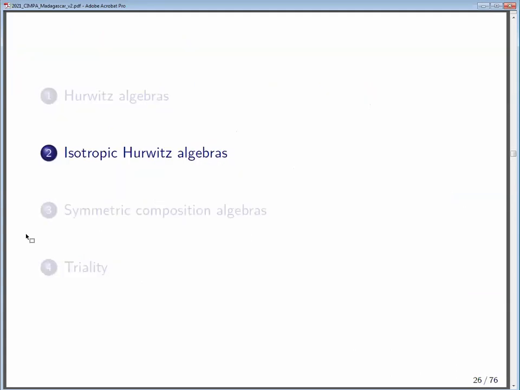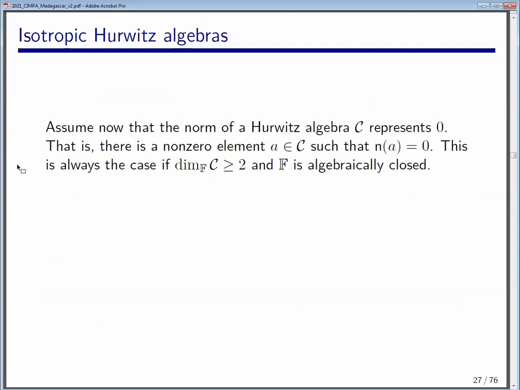Now, let's move to these isotropic Hurwitz algebras. Being isotropic means just that the norm represents 0. This means that there is a non-zero element in the algebra such that the norm is 0. See, whenever we have any quadratic form on a vector space of dimension at least 2 over an algebraically closed field, this quadratic form always represents 0.